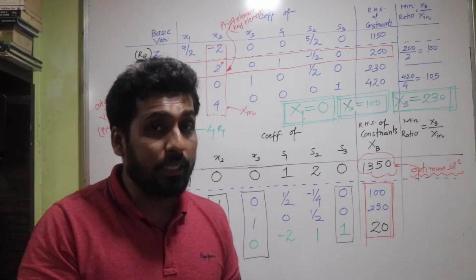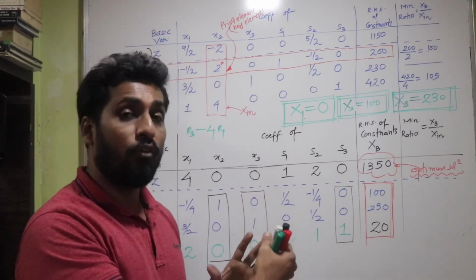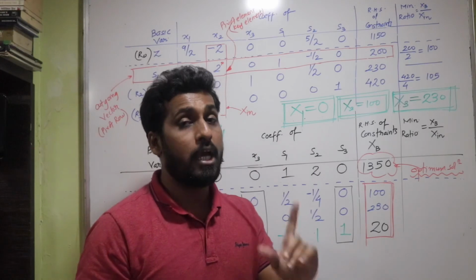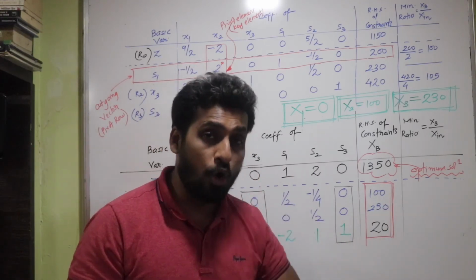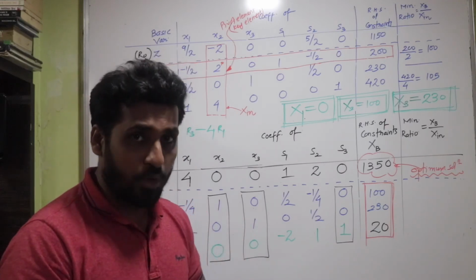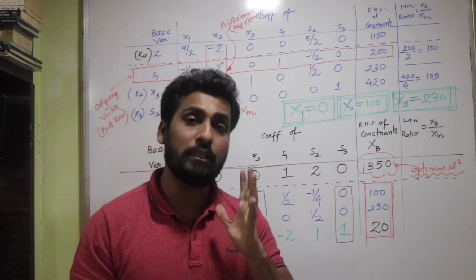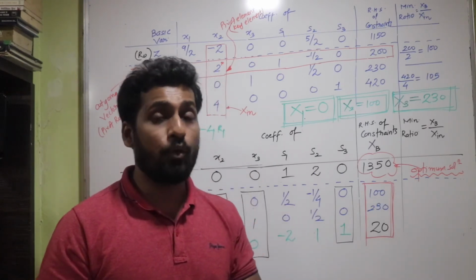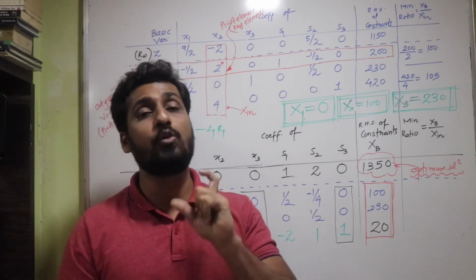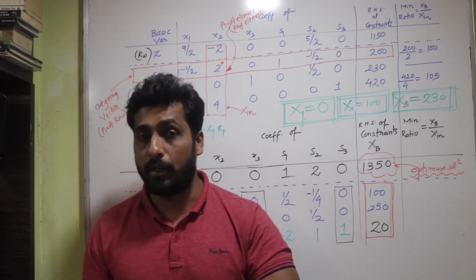The second thing, all the right hand sides of the inequations should be non-negative. That means they can be either positive or 0. And the third and the most important thing is all the constraints have to be of less than or equal to type. Only then can you solve the particular question by using the simplex method.